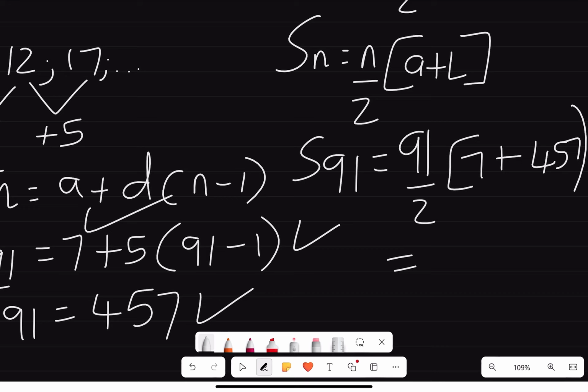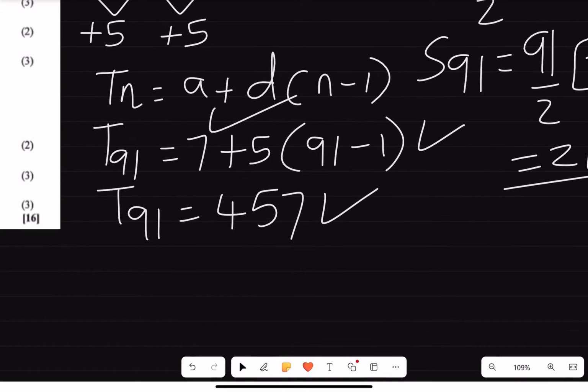Then let's press this on a calculator. So we have 91 over 2, times 7 plus 457. This gives us 21112, and that is the sum of the first 91 terms.